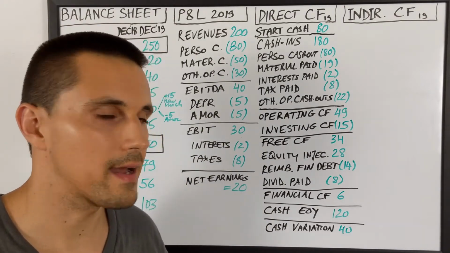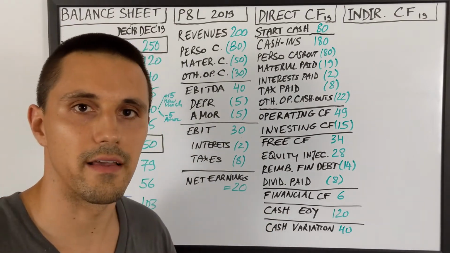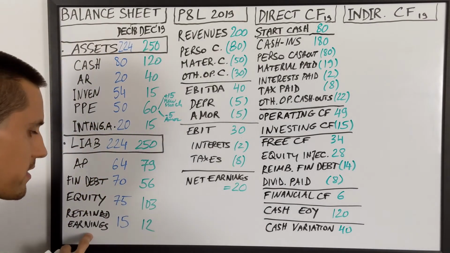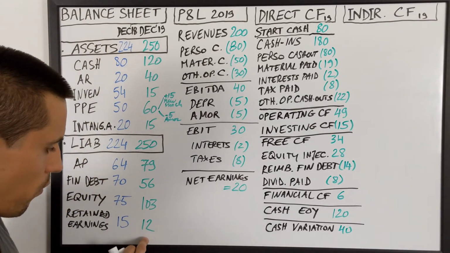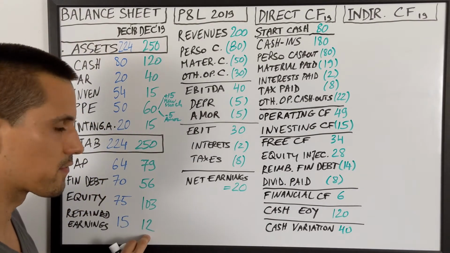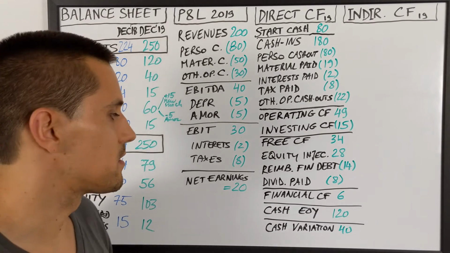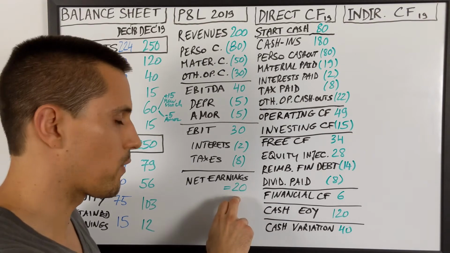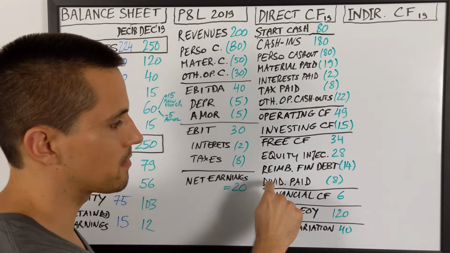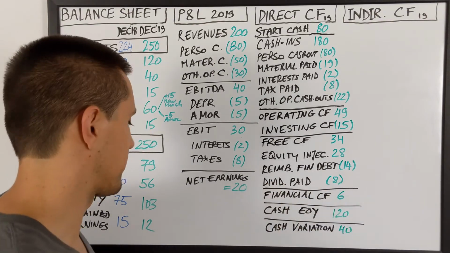Now I would like to point out something I discussed earlier in this video. It was the retained earnings. So why do we have a retained earnings of 12 and what does it mean? Look at what happened this year. We have net earnings of 20 and we paid out dividends of 8.